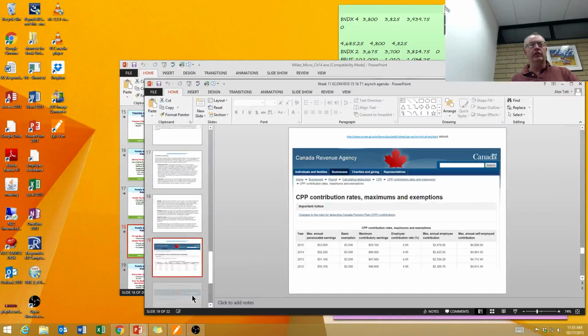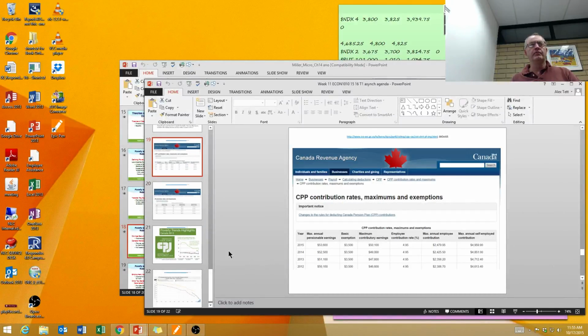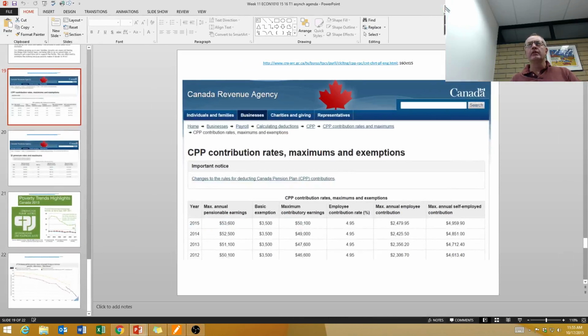So I have the rates. In 2015, both the employee and the employer contributed 4.95% of our employment earnings to the Canada Pension Plan.